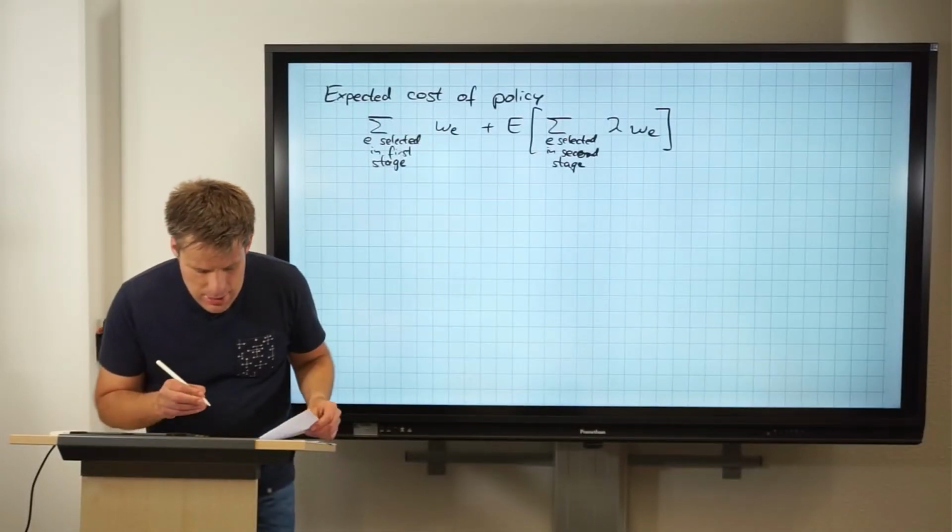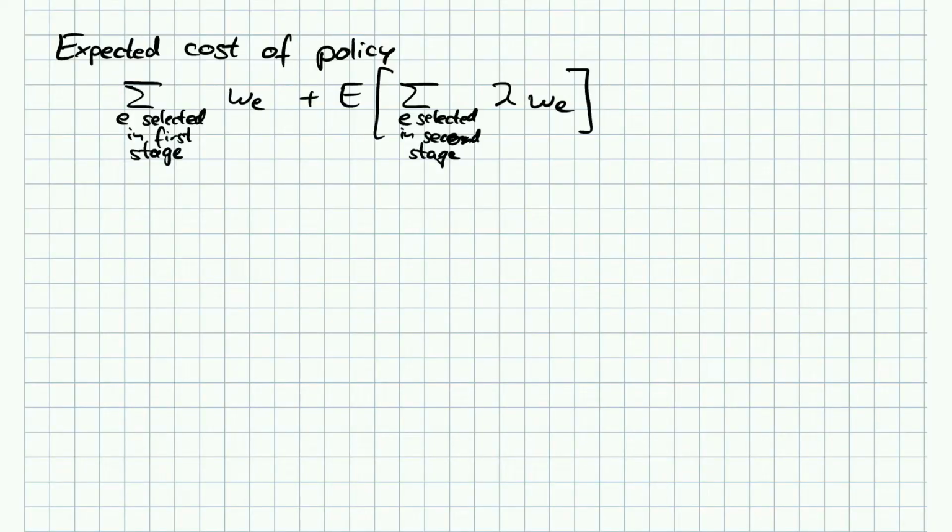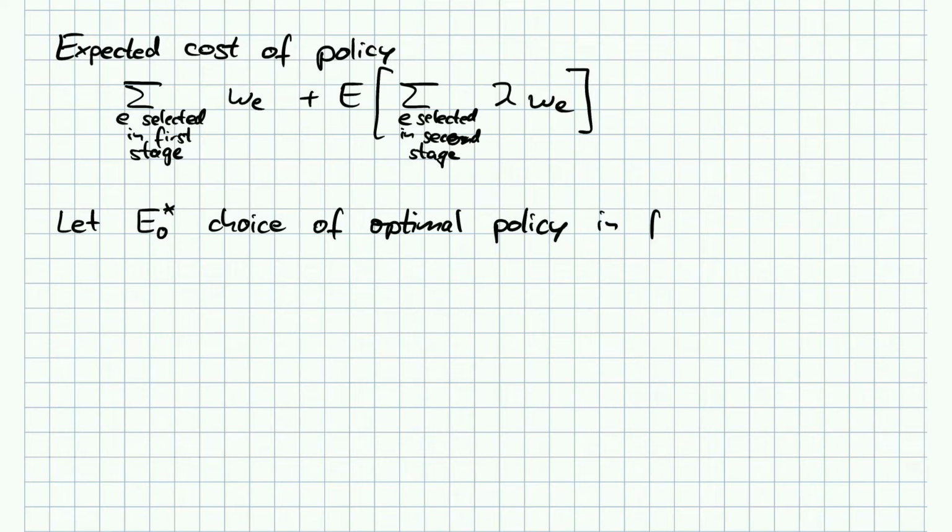What we'll now say is that E star 0 is the choice of the optimal policy in the first stage, and E star T is the choice of the optimal policy in the second stage if the terminal set is T.